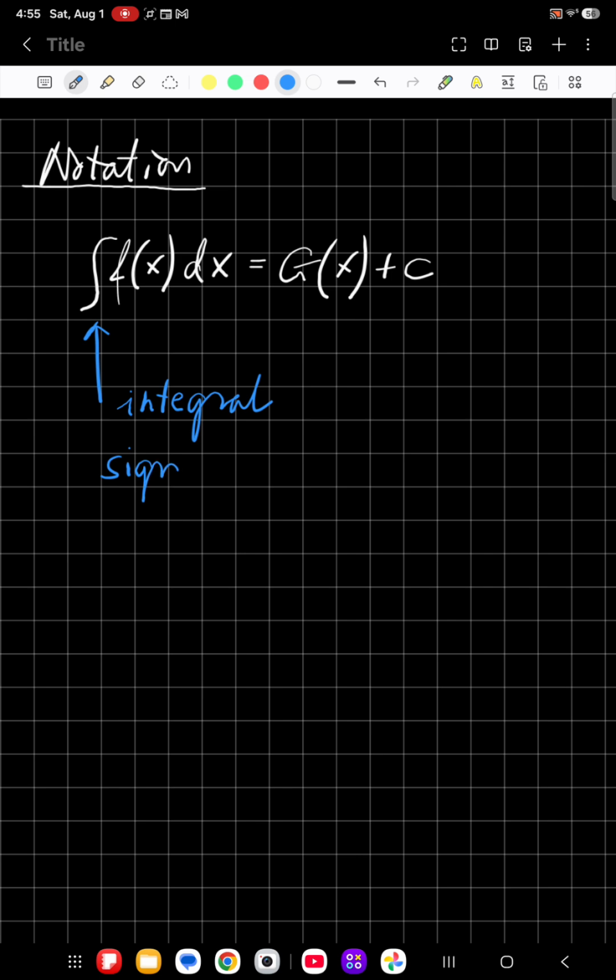The function that we're taking the integral of is the integrand. This is the variable of integration.